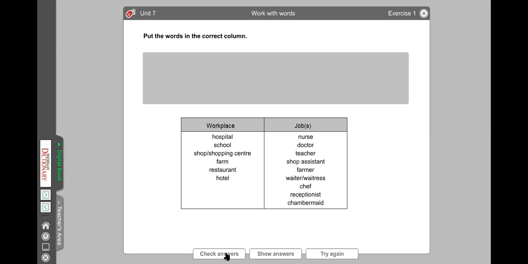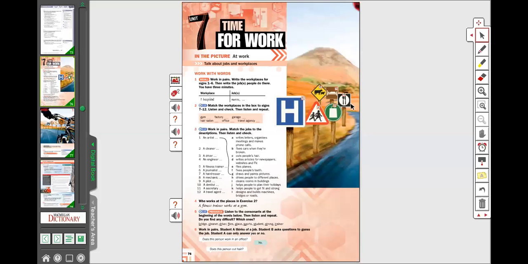All right? So this is a little bit of practice for the vocabulary. Let's check the next thing that we have in store. Hopefully this will go a lot sooner than it did that first time. We have this exercise right here.